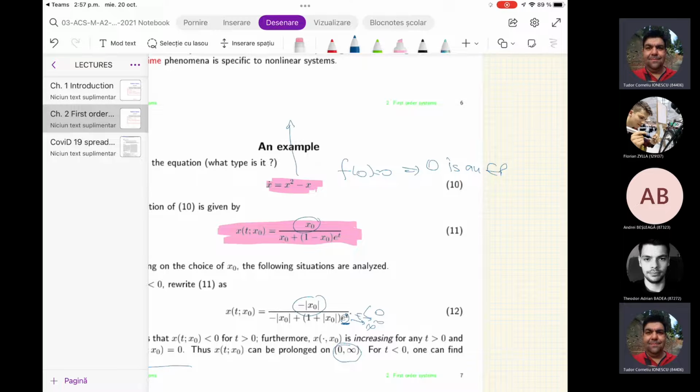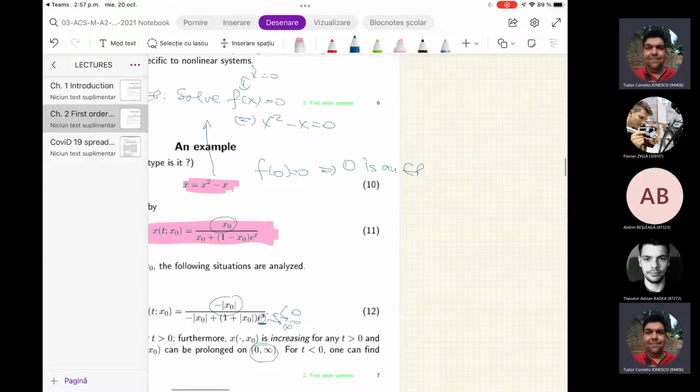Because first of all, when you start nonlinear analysis, you compute equilibrium points. Solve f(x) equal to 0, which comes from x dot equal to 0. f(x) equal to 0 is equivalent to x squared minus x equal to 0, which is equivalent to x times (x minus 1) equals 0.